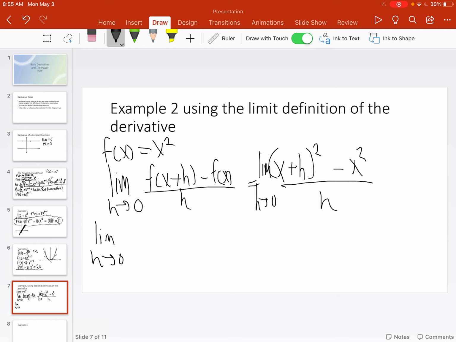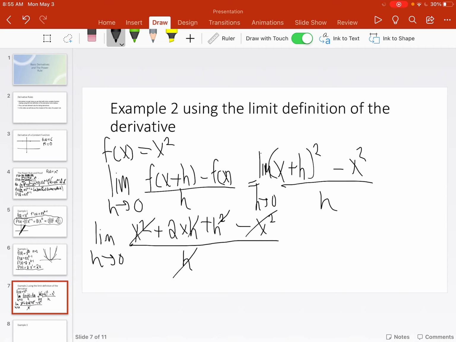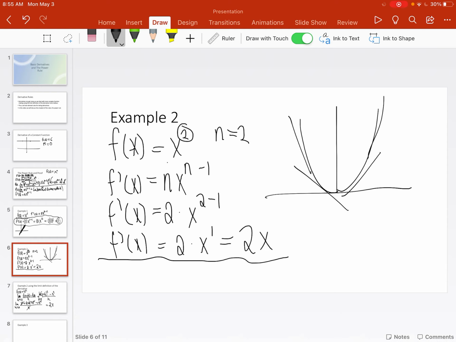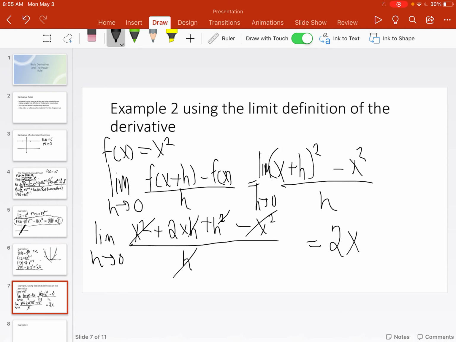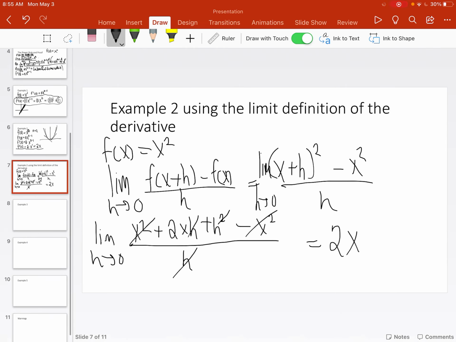Expanding this, the limit as h approaches 0, we just get x squared plus 2xh plus h squared minus x squared all over h. And we see the cancellations right here. What are we left with in the end? We're just left with 2x. Well, this matches. Our derivative using the power rule and our derivative using the limit definition are the same. They match.